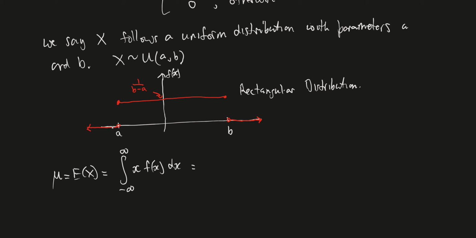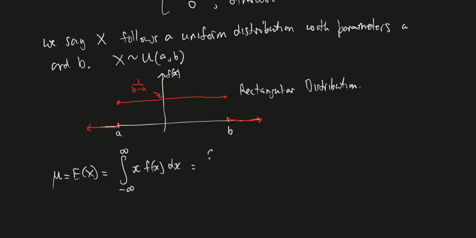But in this case, whenever x is less than a or x is greater than b, the PDF has a value of 0. So the interval over which the PDF is positive that we have to be concerned about is really from a to b.